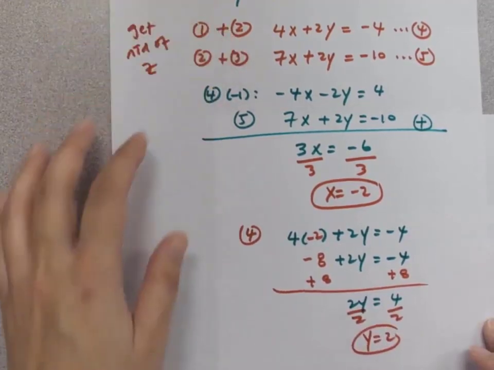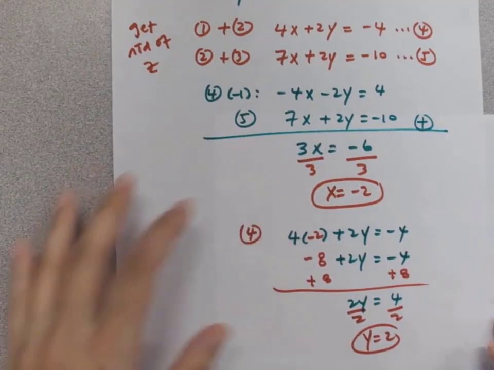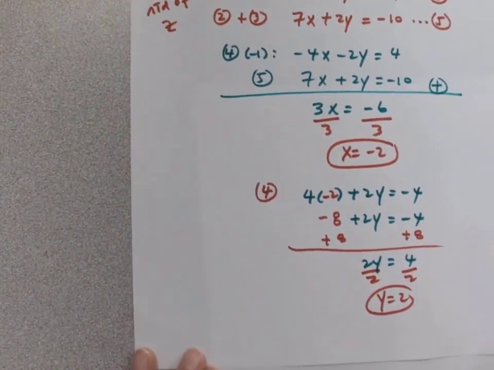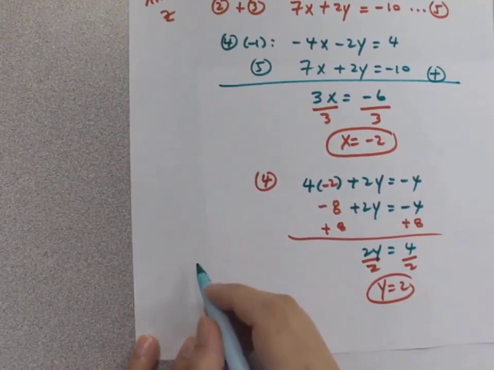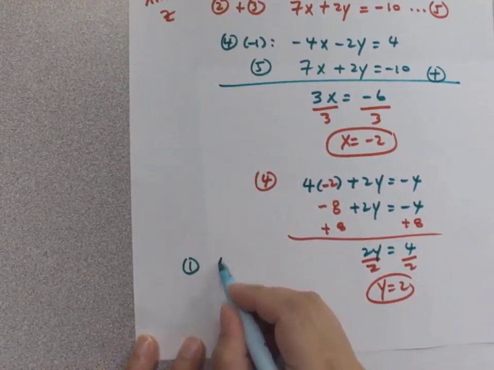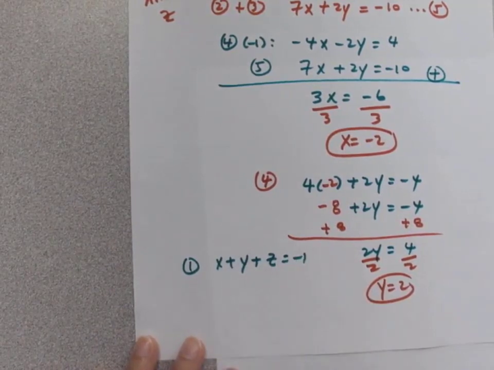Okay, now we have 2 of them. Then we can use the first equation with all the variables, right? Slow down. Okay, equation 1 we have x plus y plus z equal to -1, right? And my x is -2 and my y is 2.